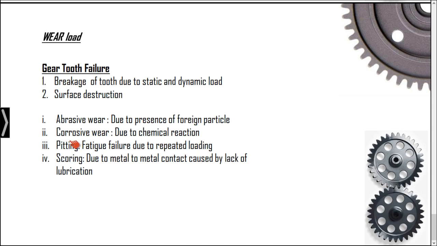If it is working in a corrosive medium, corrosive wear can happen on the tooth, and thereby the tooth will fail. Pitting can also happen because of repeated loading, because the gear may not be working under constant loads, so fluctuating load will be there. Scoring can also happen due to metal to metal contact, due to lack of lubrication. So these are the major four reasons for wear in a gear, and because of this there can be a failure.